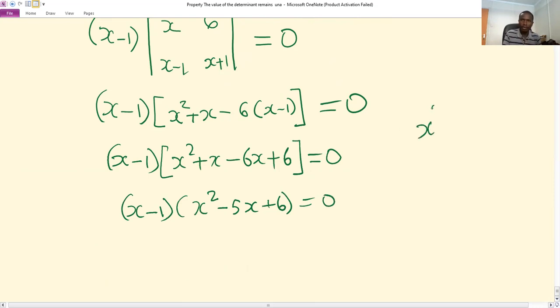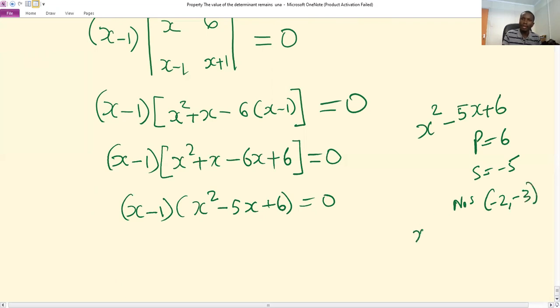Now let's deal with this quadratic expression. Product is 6, sum is minus 5. Numbers: minus 2, minus 3. So we'll have x squared minus 2x minus 3x plus 6.